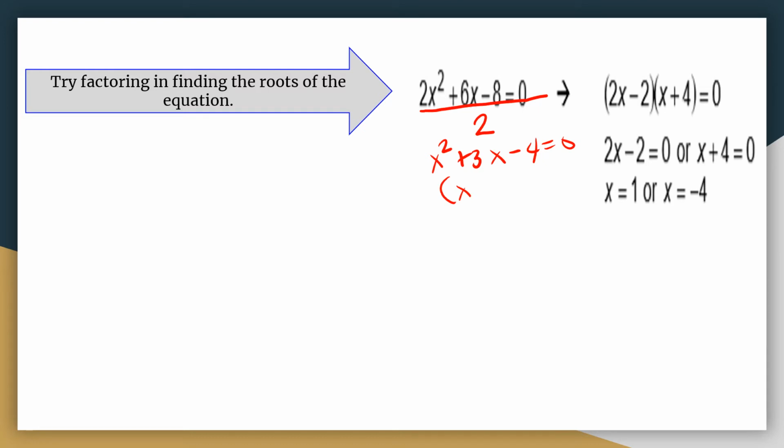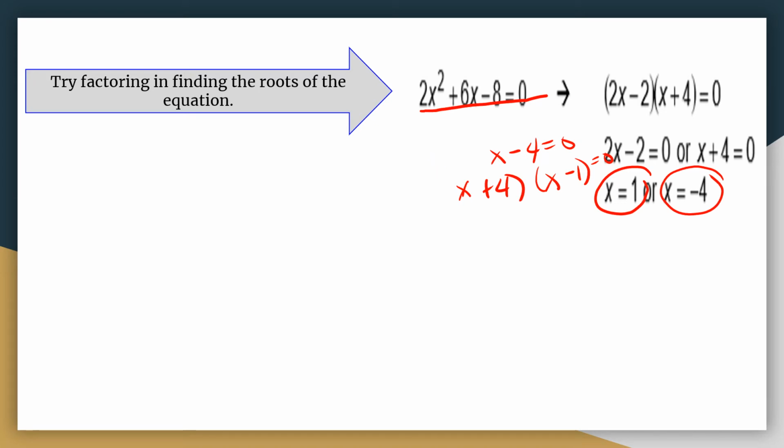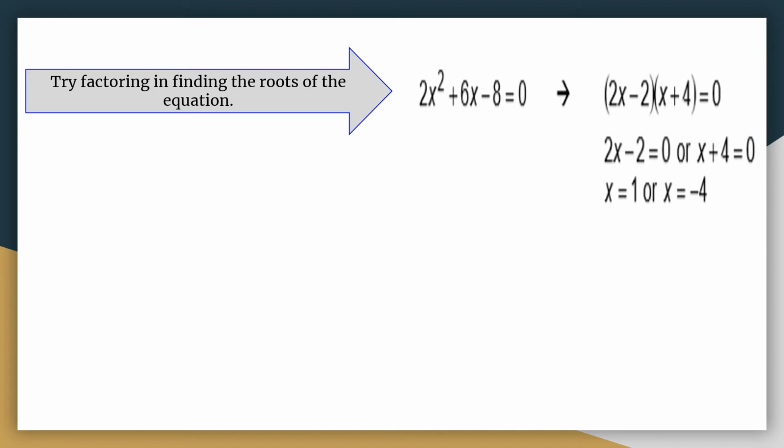So you're going to have x plus 4 times x minus 1 equals 0, which will lead you to 1 and negative 4 as well. So that means the roots of your quadratic equation are 1 and negative 4.